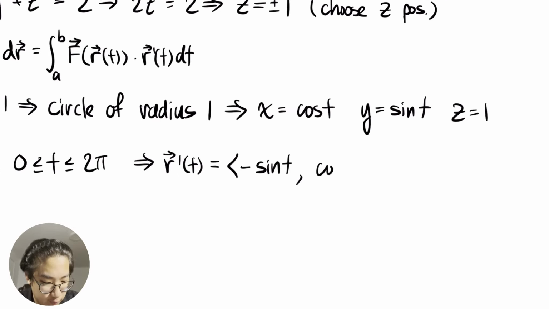Now we just compute this. Multiplying component-wise, we get negative sine t cos t plus 1/3 cos to the 4th t. And sine t times 0 is just 0, so we don't need to worry about that part. Okay, so now we can finally compute.